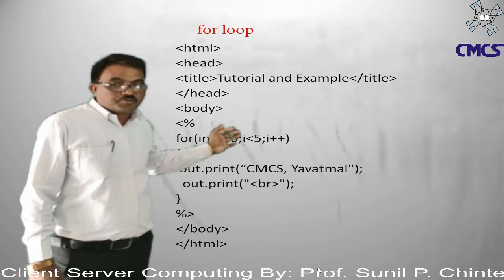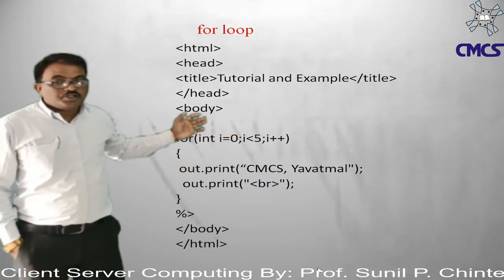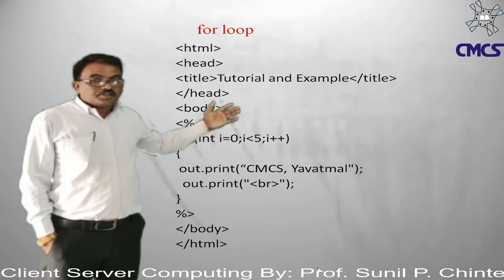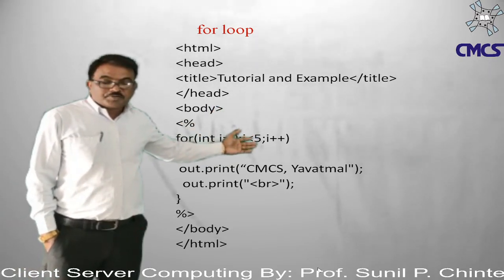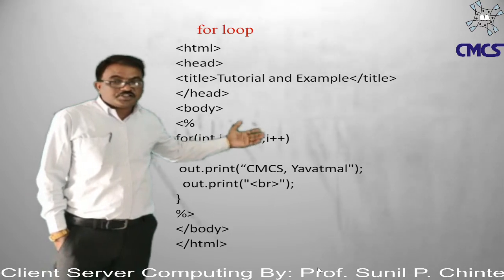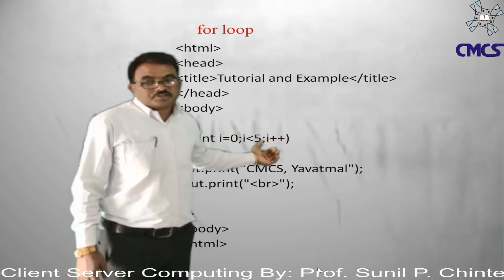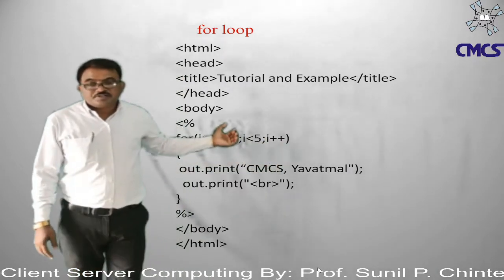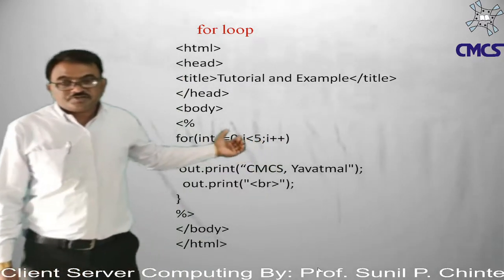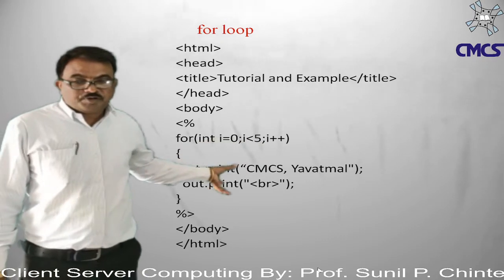The syntax for the for loop: you have to initialize the variable, then the conditional expression, the test condition, and the last is the increment or decrement of the counter. Whenever the condition is satisfied, the body of the loop will be executed.